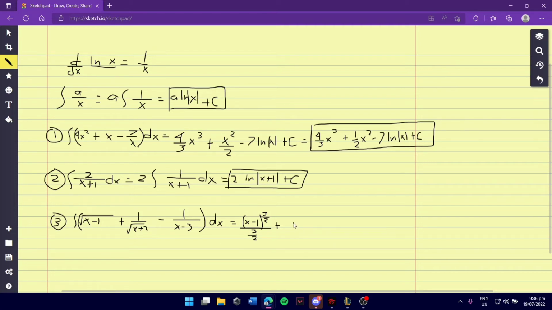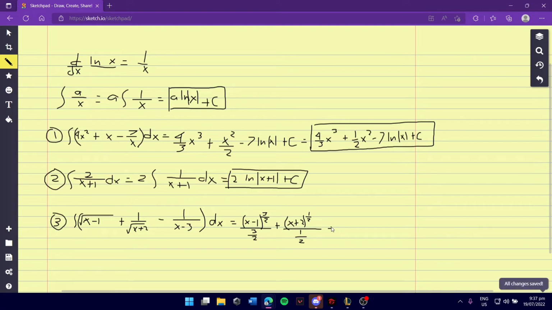So we have here x plus 2 and the exponent is negative 1 half, and integrating that, we will add 1, so it will become positive 1 half. Then divide it by the new exponent, which is also 1 half.